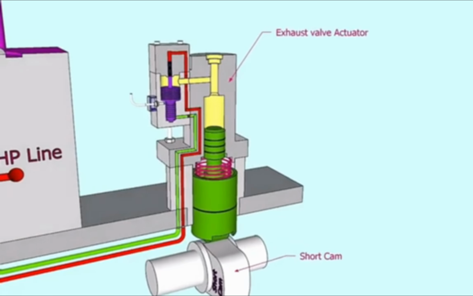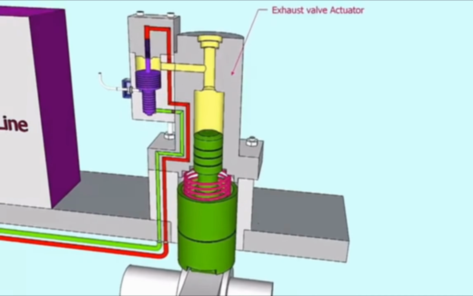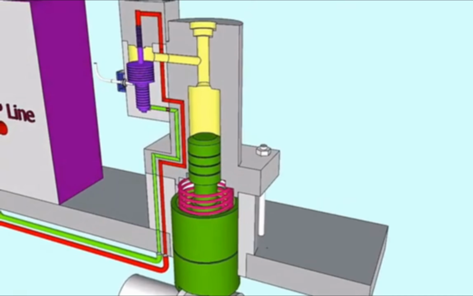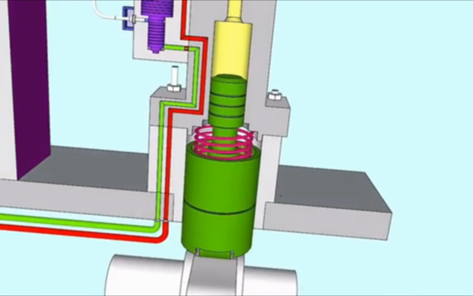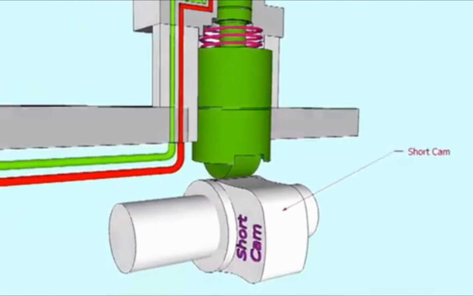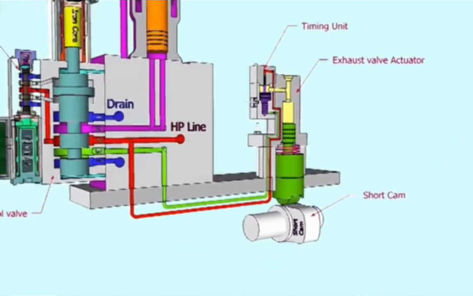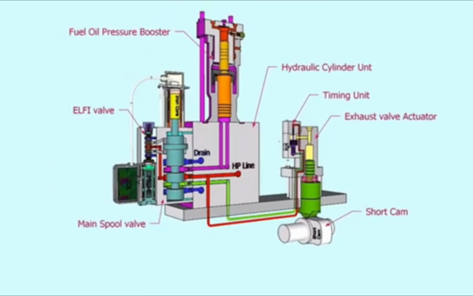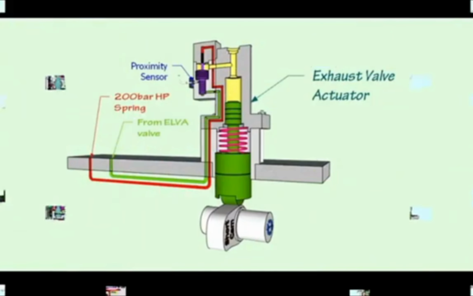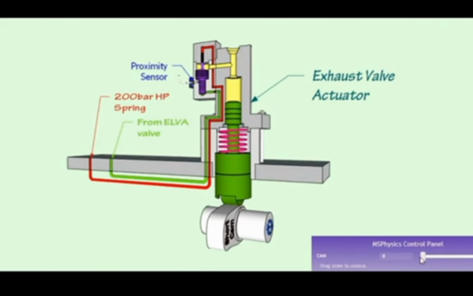That is called the short cam, or the dot 3 cam, and in that way we are extending the closing timing at higher load to achieve variable compression pressure. And this closing can also be achieved by this FIVA valve.